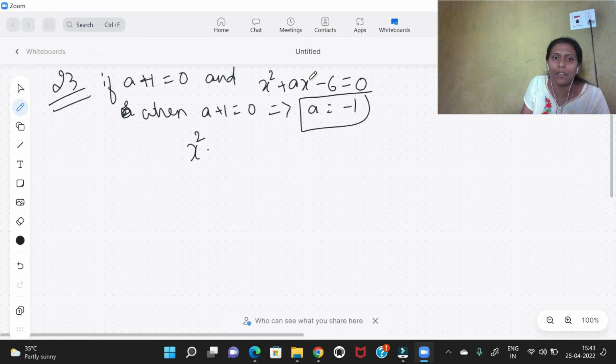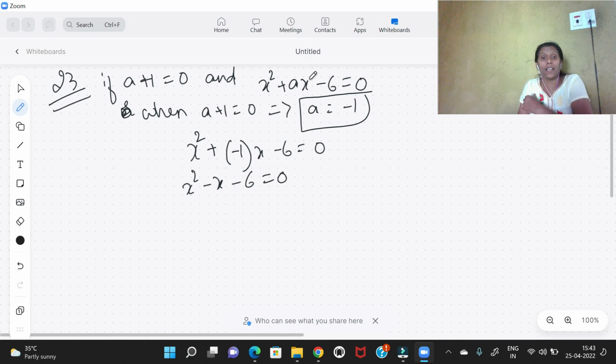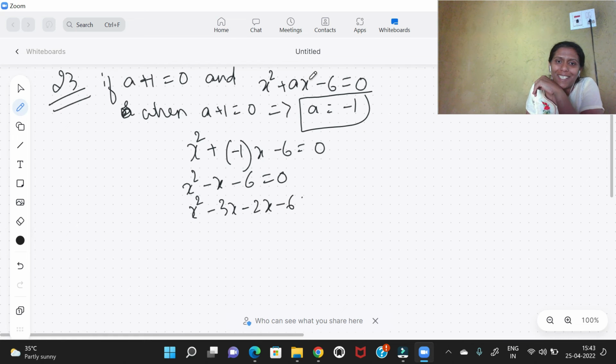Only x is left to find now. Minus 6 is equal to 0. It means x square minus x minus 6 is equal to 0. This becomes your quadratic equation, and solve this equation, which will be 3 into 2 and 3 minus 2. x square minus 3x plus 2x minus 6 is equal to 0.